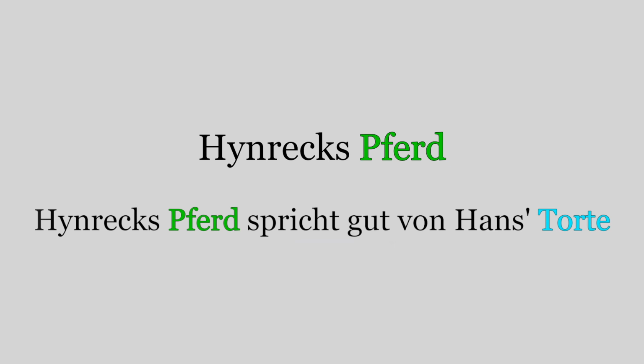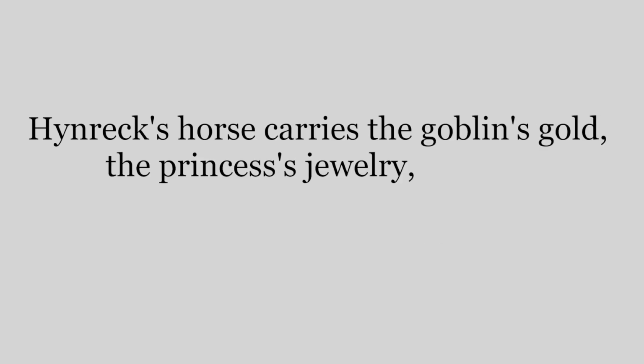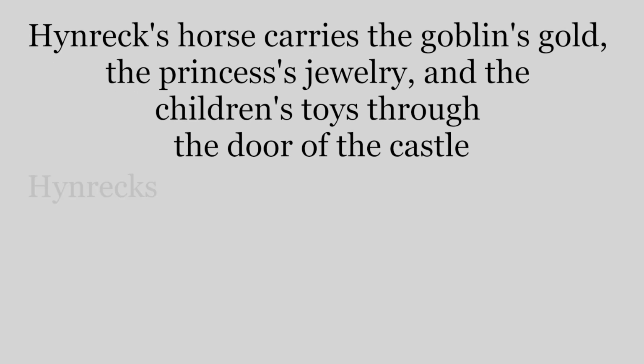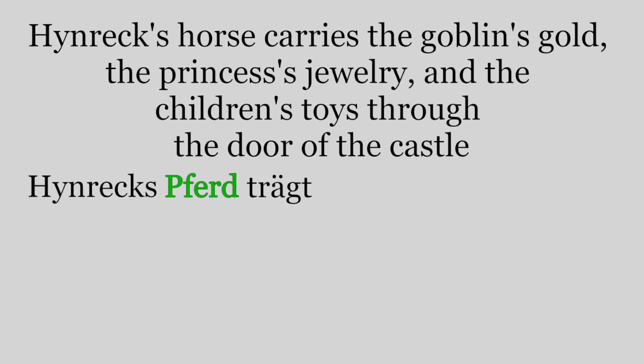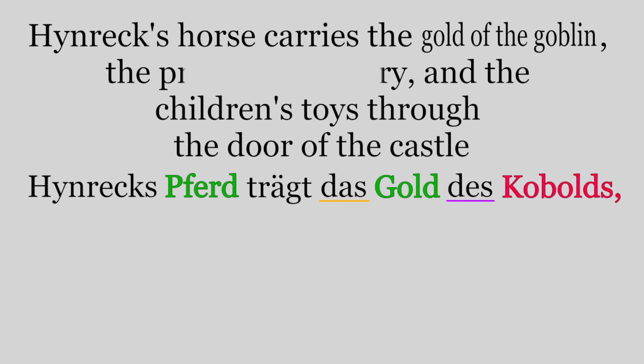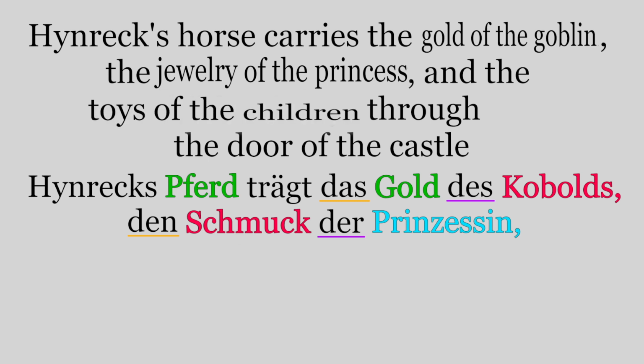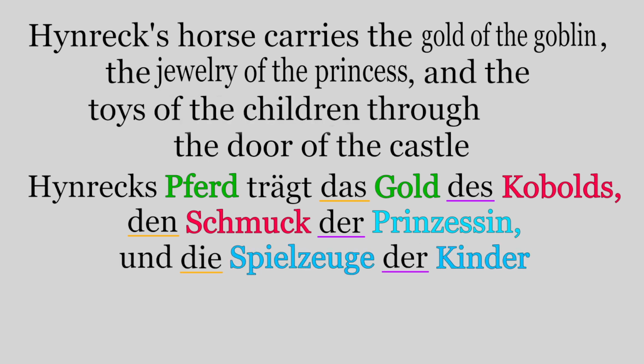Let's practice using the genitive case by building a ridiculous sentence. Heinrich's horse carries the goblin's gold, the princess's jewelry, and the children's toys through the door of the castle. We start with Heinrichs Pferd trägt, similar to the English construction, and now we have to do some word flipping. Remember to think of it as the gold of the goblin, so we add das Gold des Kobolds, the jewelry of the princess, den Schmuck der Prinzessin, and the toys of the children, die Spielzeuge der Kinder.